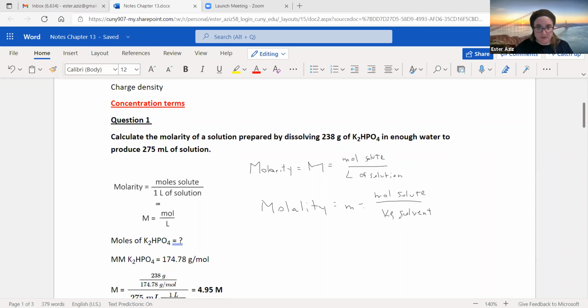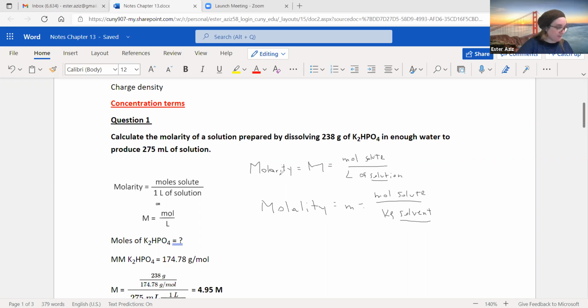Notice the difference here. In molality the denominator has solvent only, and with molarity you have solution in the denominator. Also don't forget the units. For it to be molality, it has to be kilograms, not grams. Okay, so we did molarity, we did molality.